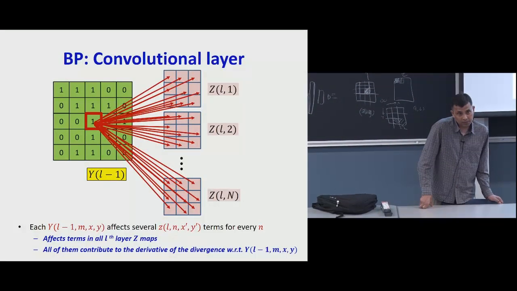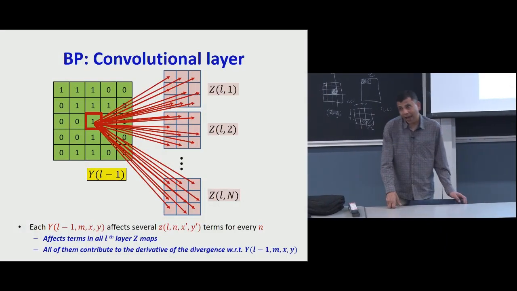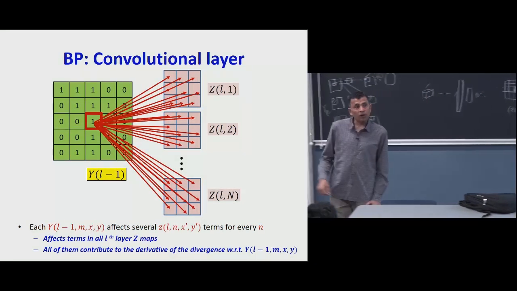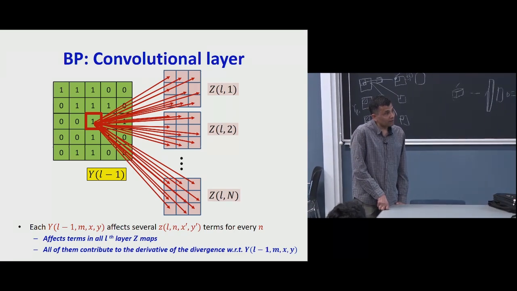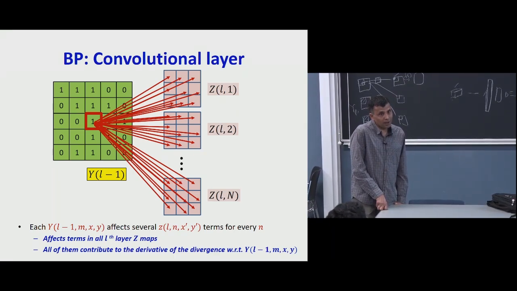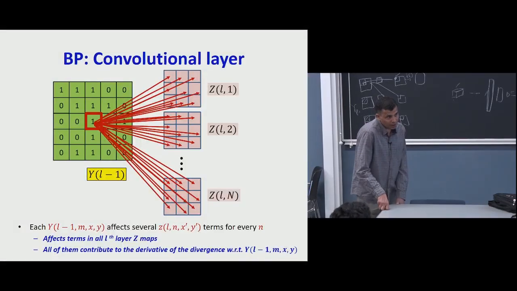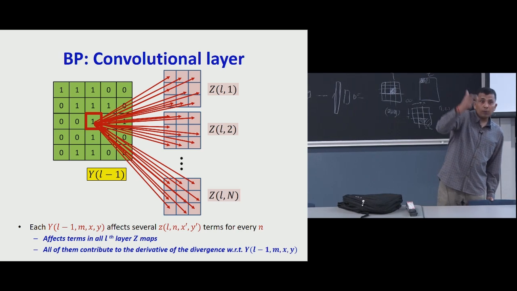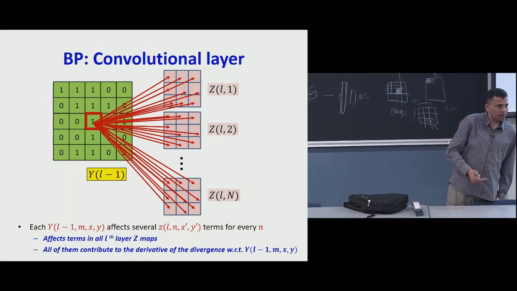So what about the derivatives? When I go back, how many of the derivatives in Z will contribute to the derivative with respect to that Y? Every single one of them. If I perturb that particular Y a little bit, every one of those Z's is going to change.